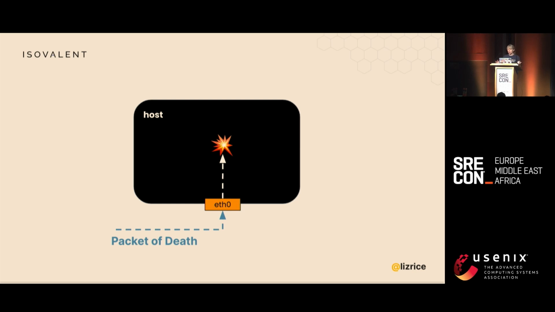Prior to eBPF, what you'd have to do is get a kernel patch and apply that patch to your fleet of machines. With eBPF, we can load a very simple program into the kernel that will inspect the packet and just throw it on the floor if it matches the definition of this packet of death.